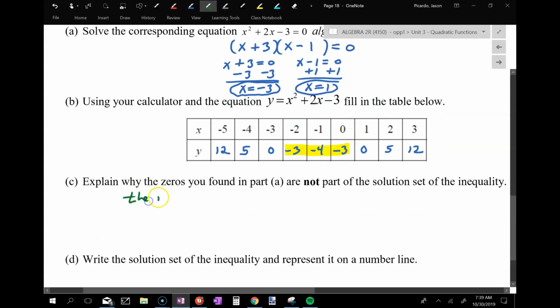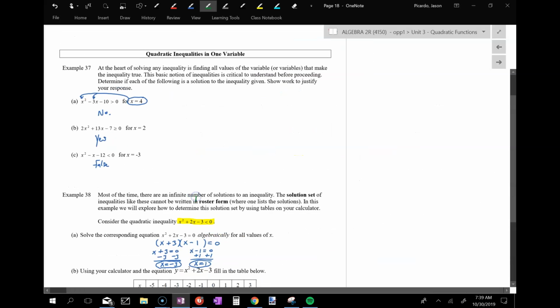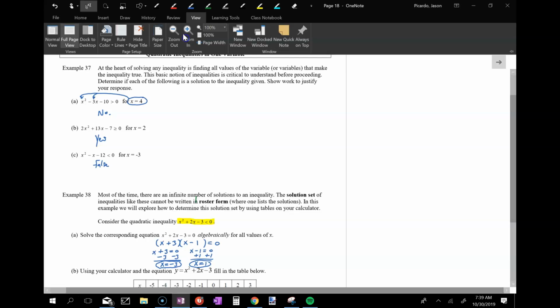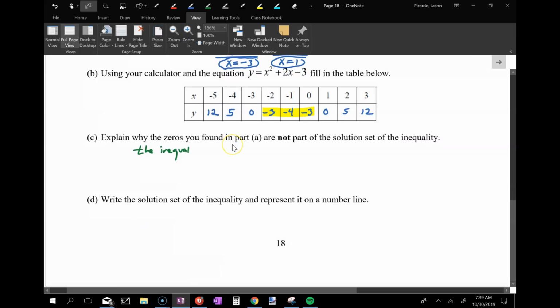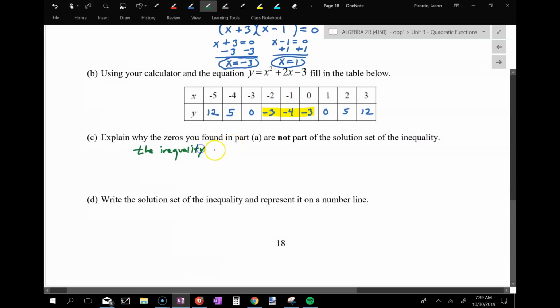The inequality is looking for answers, or actually let's use the word solutions, is working for solutions less than 0, not equal to 0.